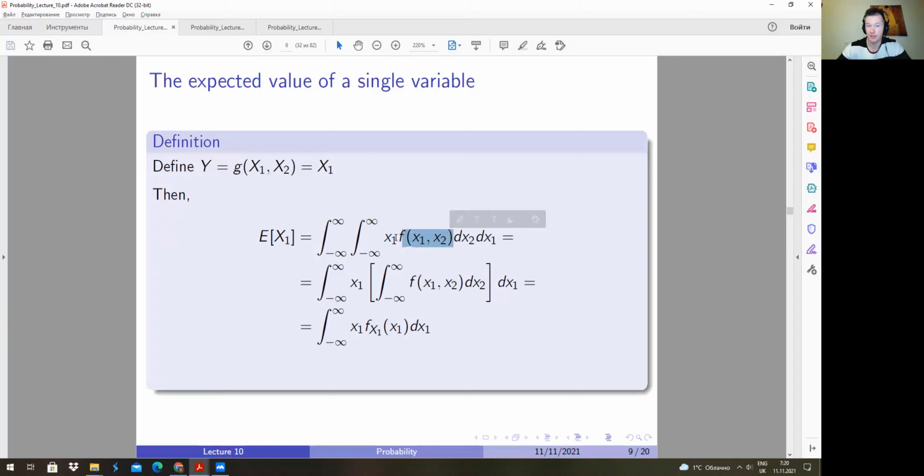And if my inner integral is over the variable x2, then I can take this x1 out of the integral sign, because it is a constant for me when I integrate over x2. And inside these square brackets, I will get the integral of my joint density function over x2.